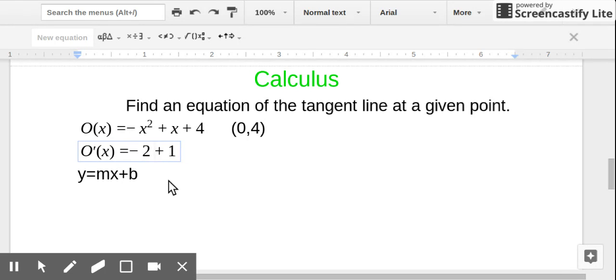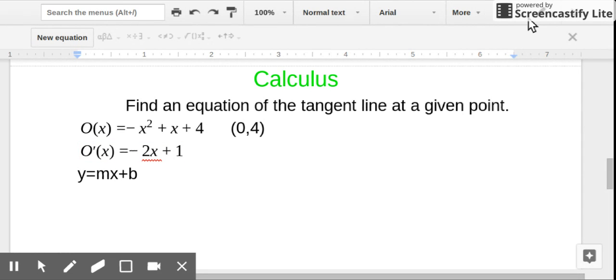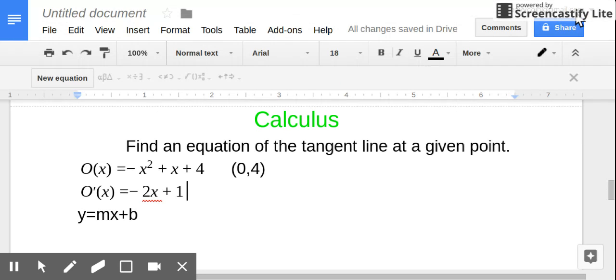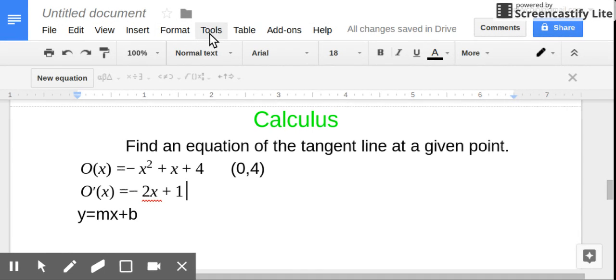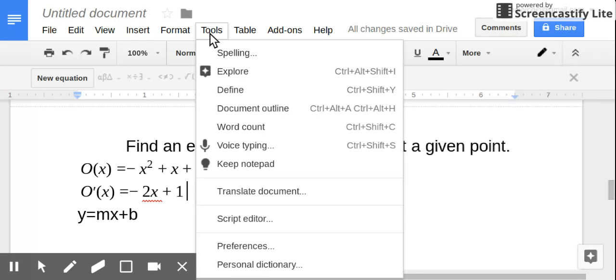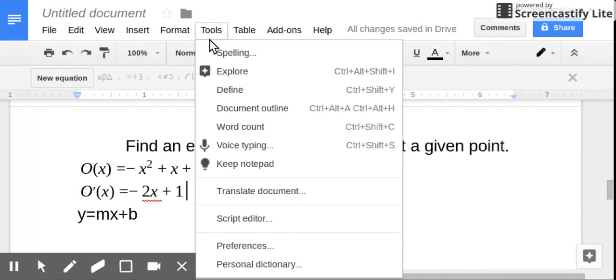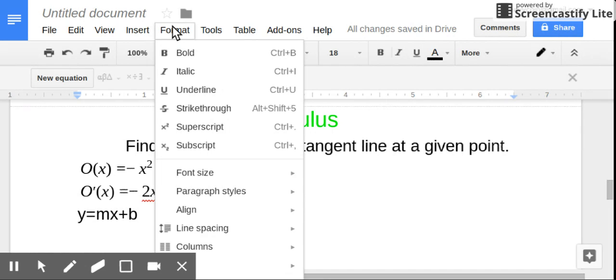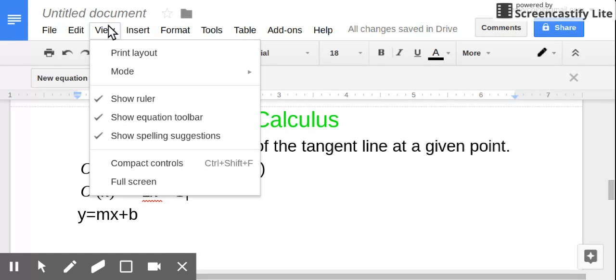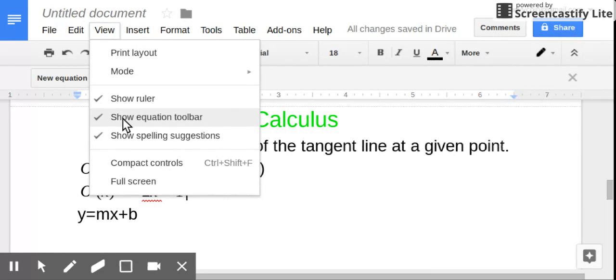And I don't know why it's doing that. See, there's a, oh man, what a nuisance that's going to be. What does it cause that? Spell check. Let's see, tools. How do we turn that off? Let's see, show spelling suggestions.